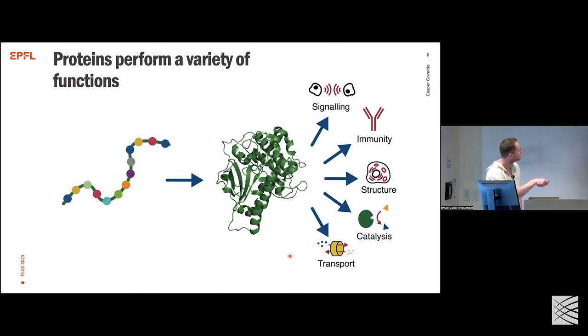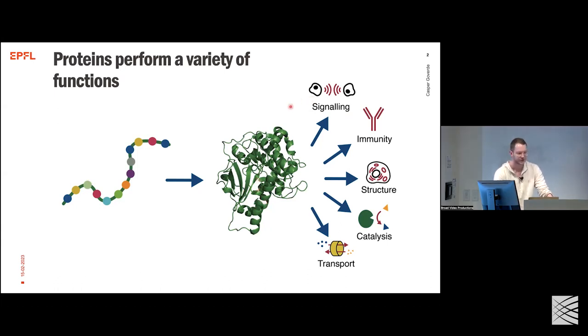So proteins perform various functions, and they're built up out of amino acids, which are their building blocks, which come in 20 different flavors. And the combination of these amino acids determines the 3D structure these proteins fold into.